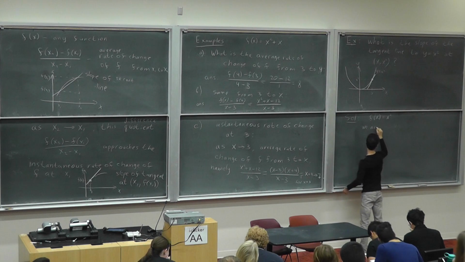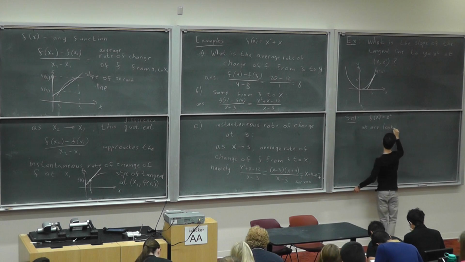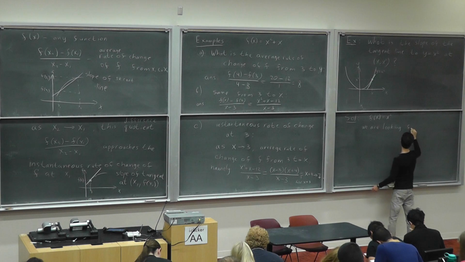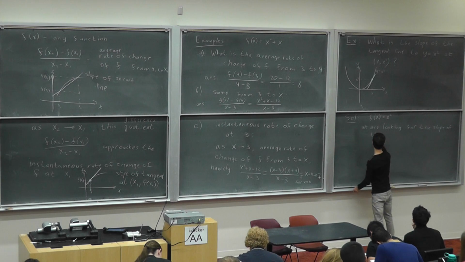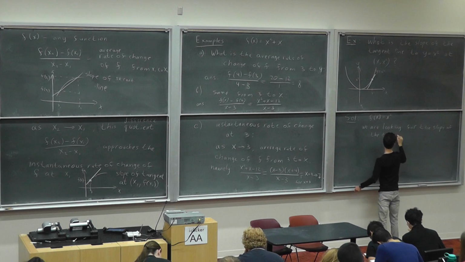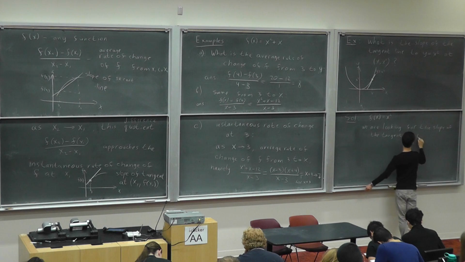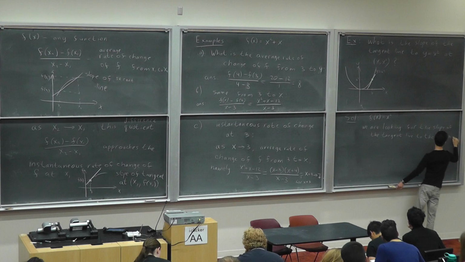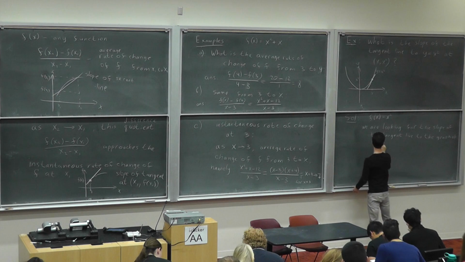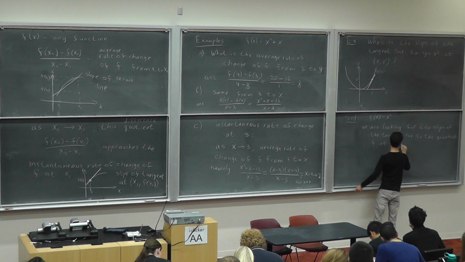We are looking for the slope of the tangent line to the graph f at point x.